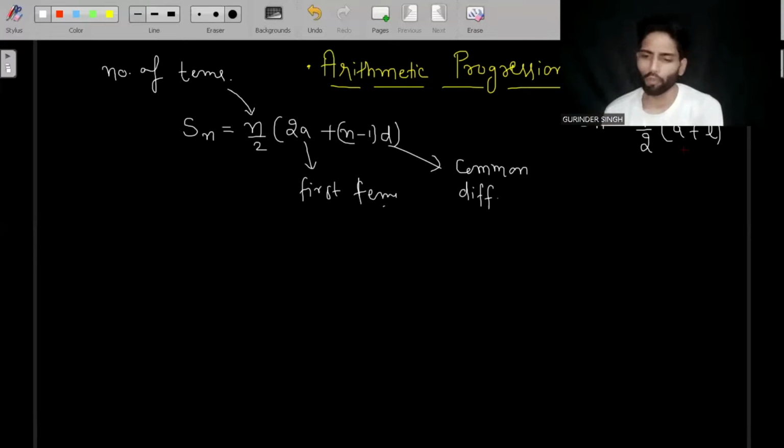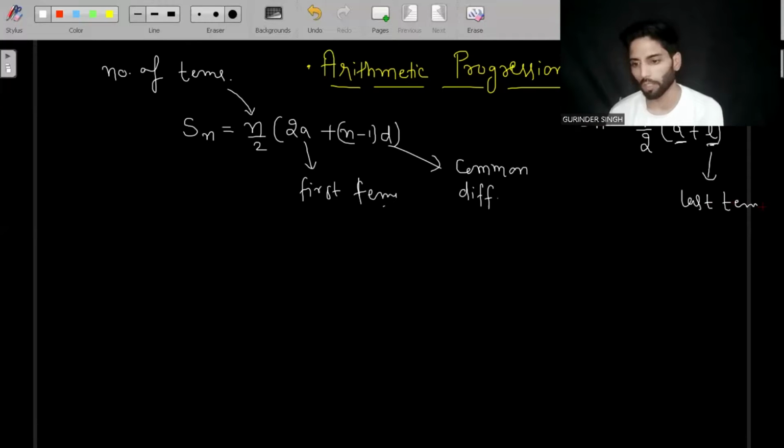You can use it if you don't know d, but you know the first term and the last term, which is called L. I'm going to derive this formula and the previous one today.